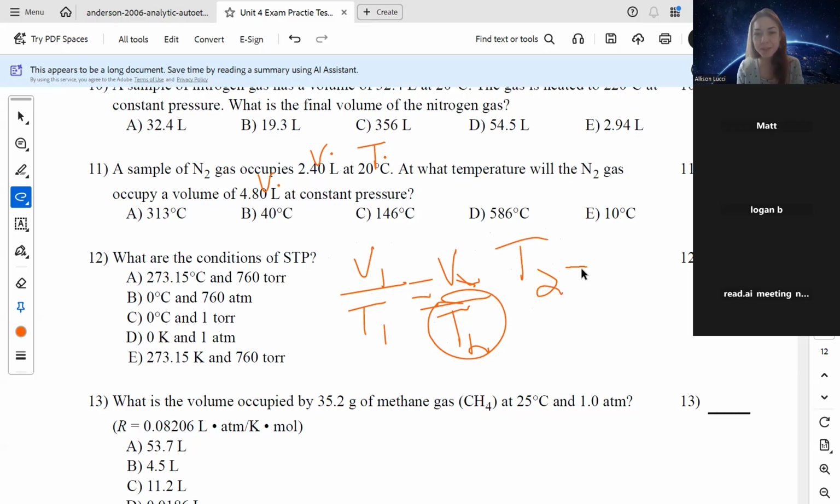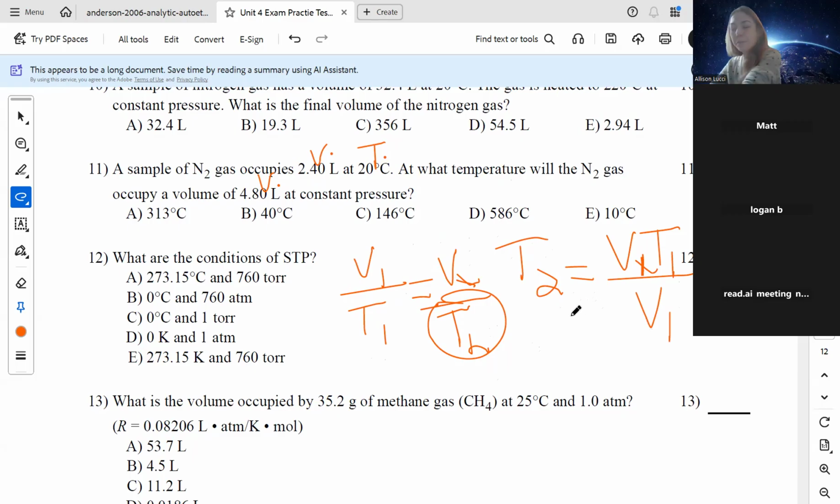So in the end, T2 would equal V2 times T1 over V1. Or, like I said, you could invert this, flip this, and have T1 over V1 is T2 over V2. And we'll still have T2 turn out to be the same.